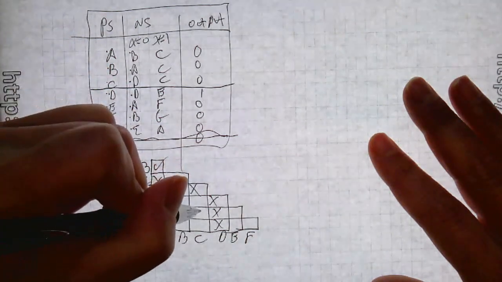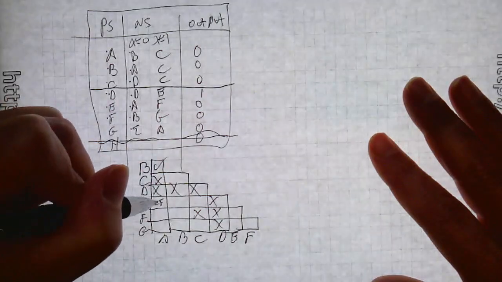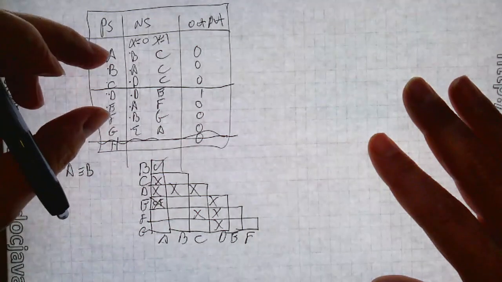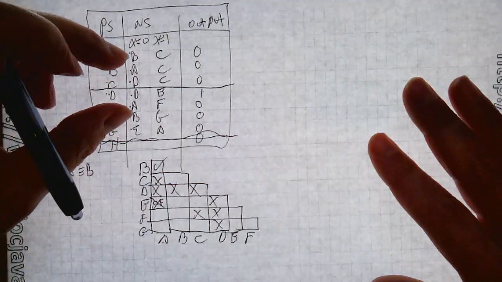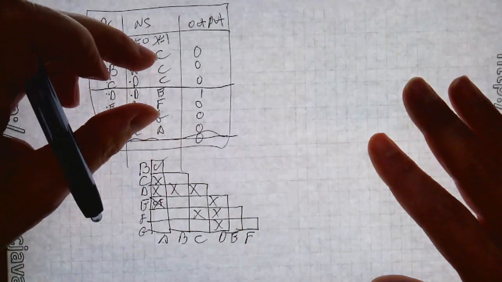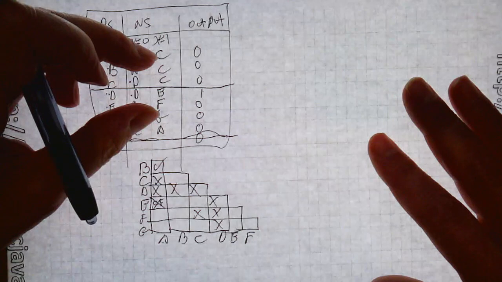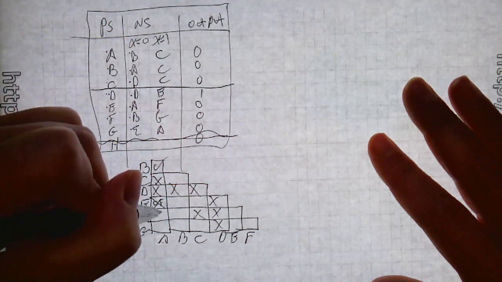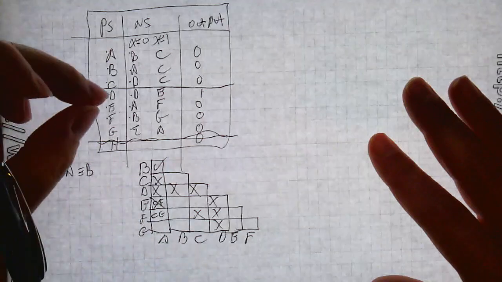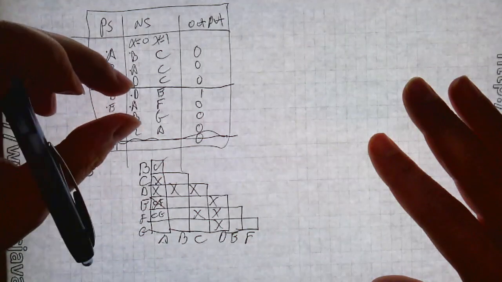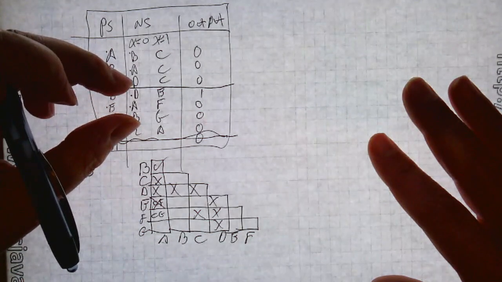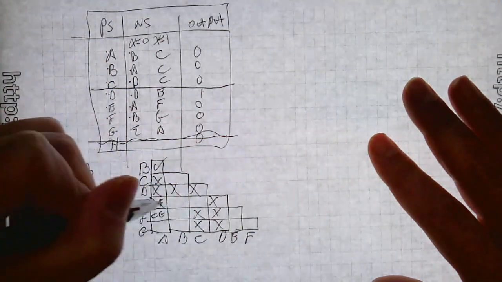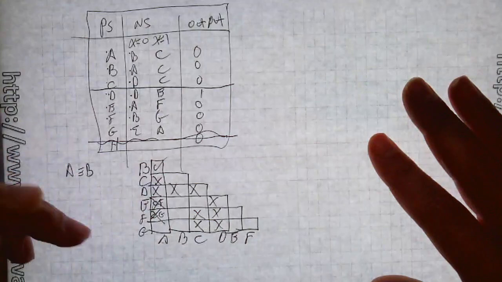So C does not equal F, and therefore A does not equal E. A equals F if B equals B, it does, and if C equals G, and we don't know. So let's look at CG. C equals G if D equals E. D does not equal E. C does not equal G. A does not equal F.